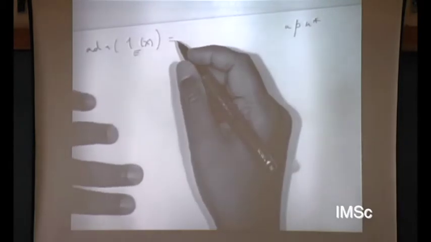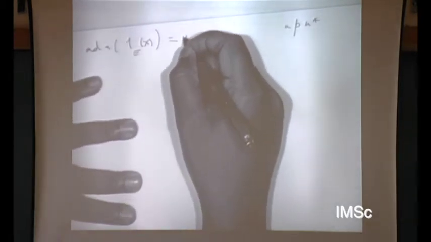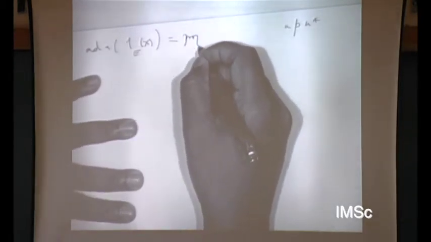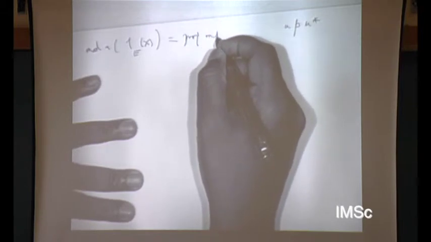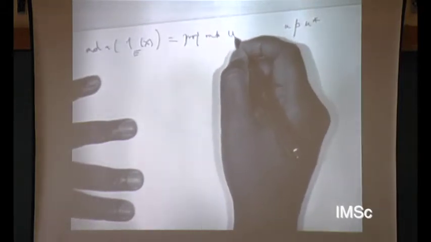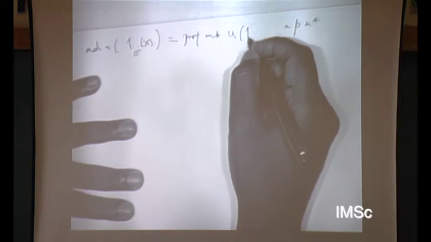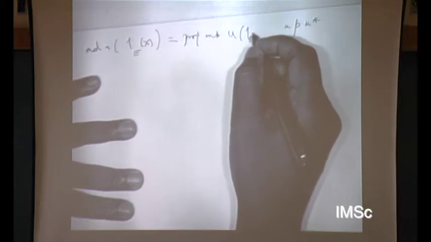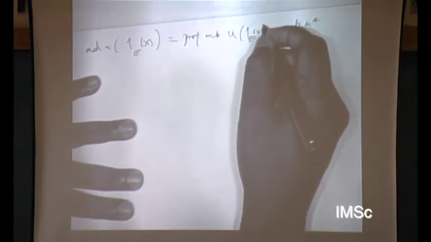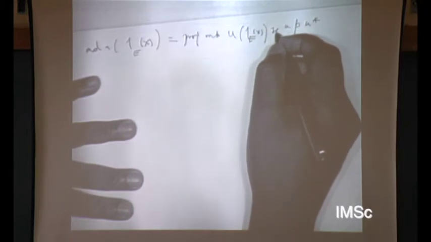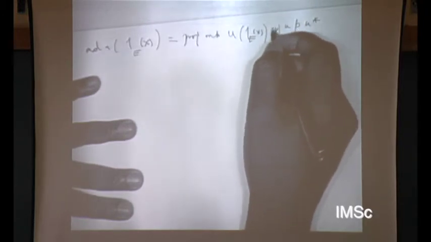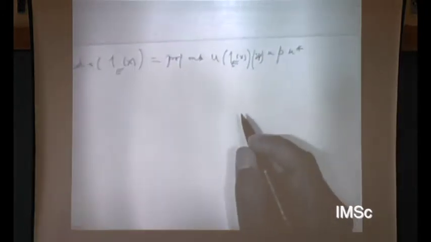There is a projection onto the range of U of 1_E(X).